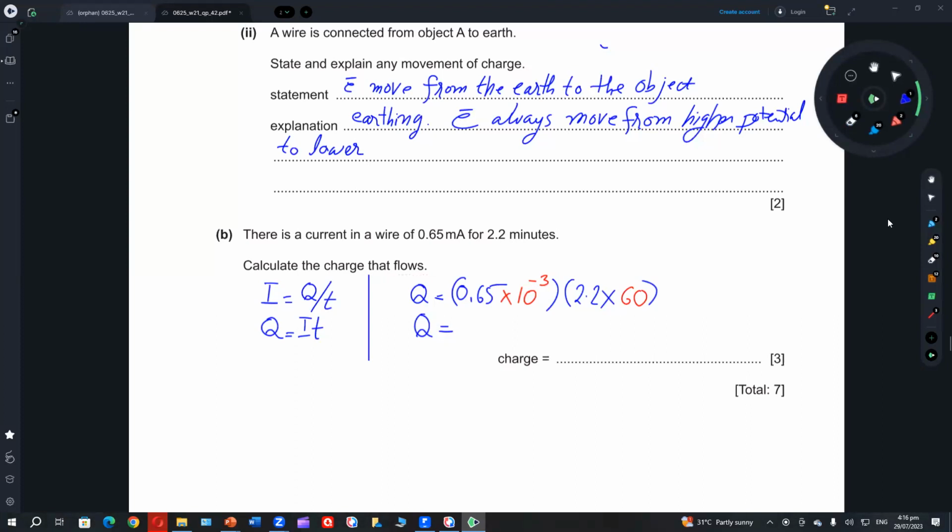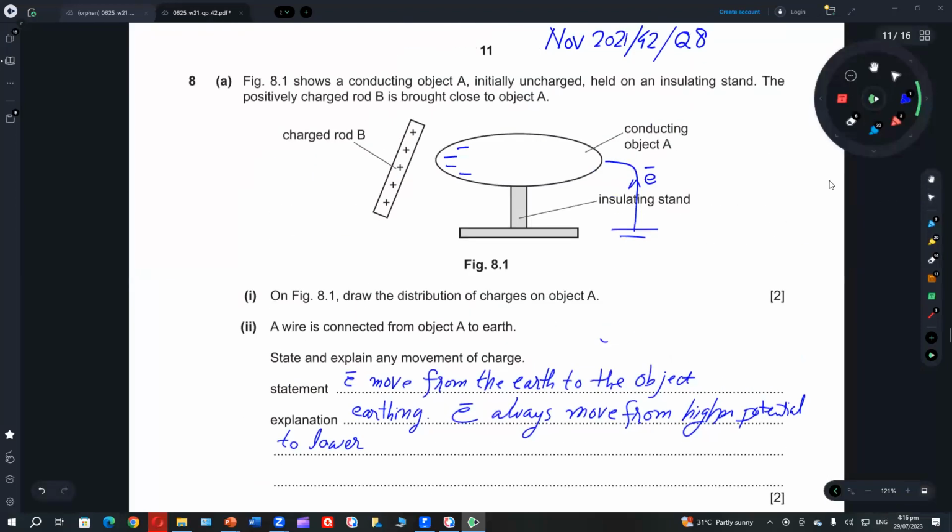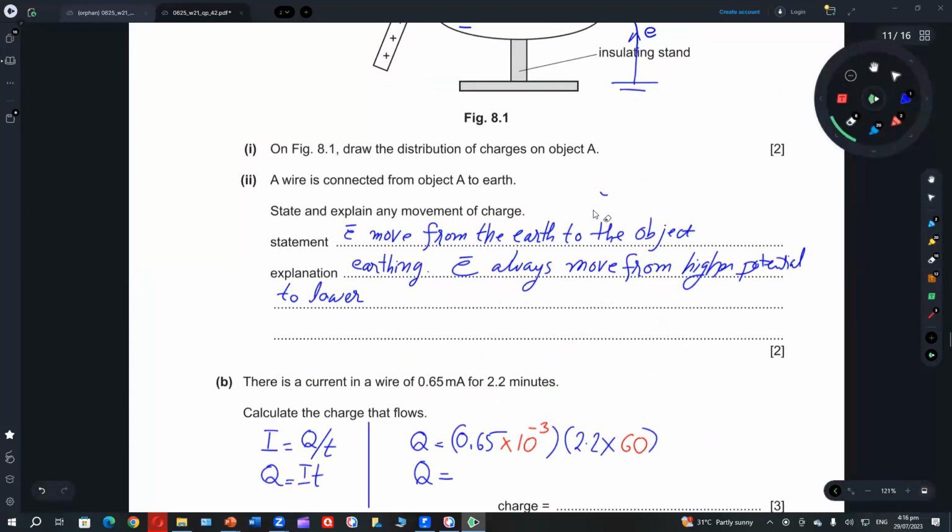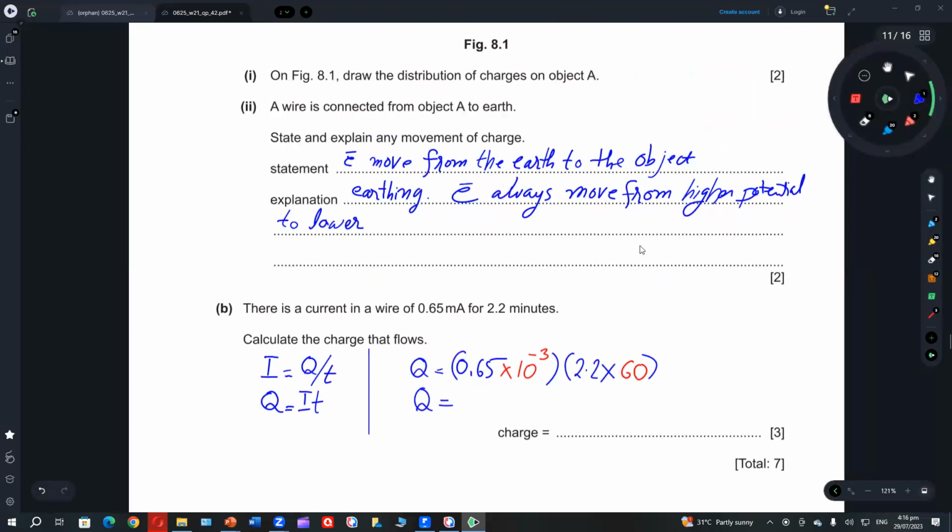So can you help me to calculate this? Then I have to get a calculator, please. Bring it. One minute, I'm just getting my calculator.